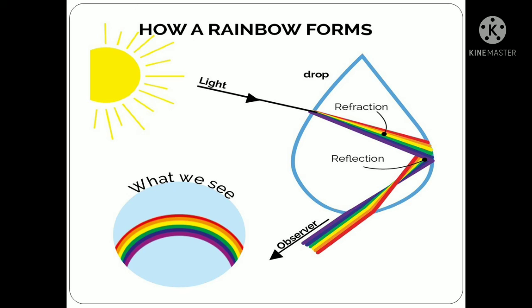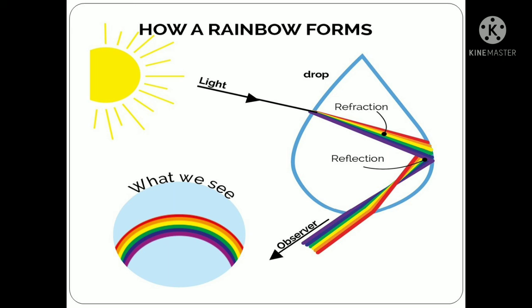After the rain, some moisture or small droplets of water are still in the atmosphere. When light falls on the water droplets, many droplets will be there, isn't it?